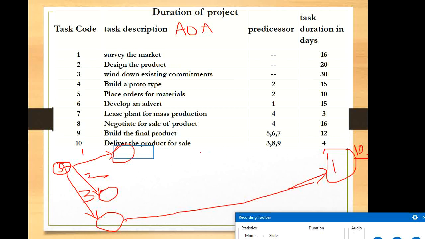So 1 is precedent of 6, right? Then 2 you can take as preceding for 4 and 5. Sorry.